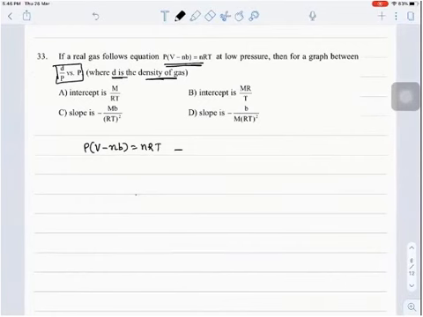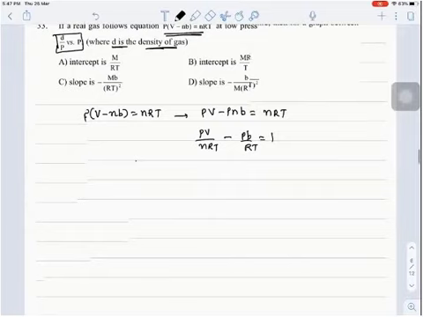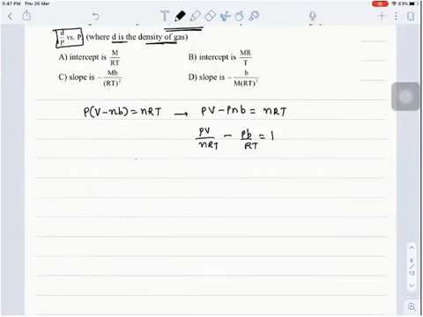On expanding this, we'll get PV − PnB = nRT. Dividing this by nRT, we'll get PV/nRT − PB/RT = 1. So from this, we can write PV/nRT = 1 + PB/RT.